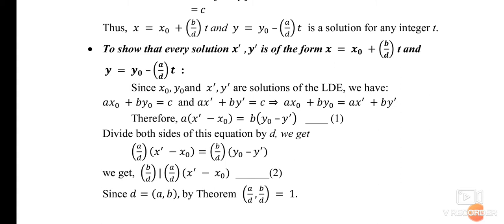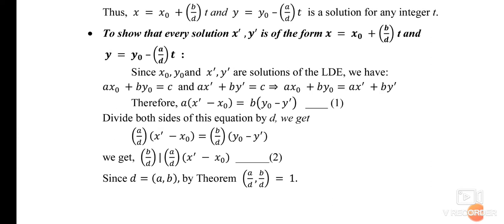Since x naught, y naught is a particular solution, and in this part we assumed x dash and y dash are solutions of the LDE, x naught y naught and x dash y dash satisfy the LDE ax plus by equals C. So we get ax naught plus by naught equals C and ax dash plus by dash equals C. From these two equations, we get ax naught plus by naught equals ax dash plus by dash. So from this equation, we get a into x dash minus x naught equals b into y naught minus y dash. Now, divide the equation by d on both sides.